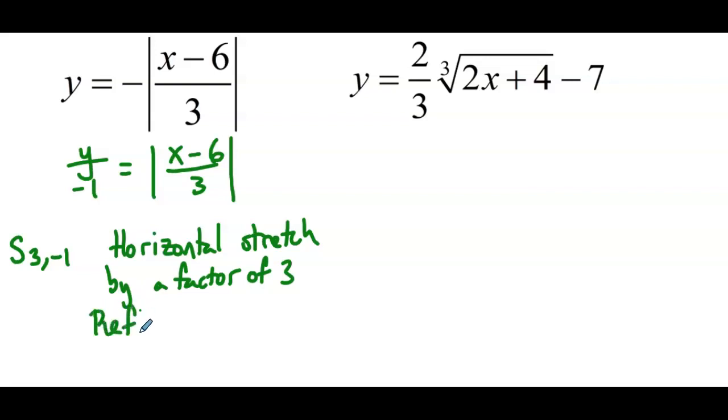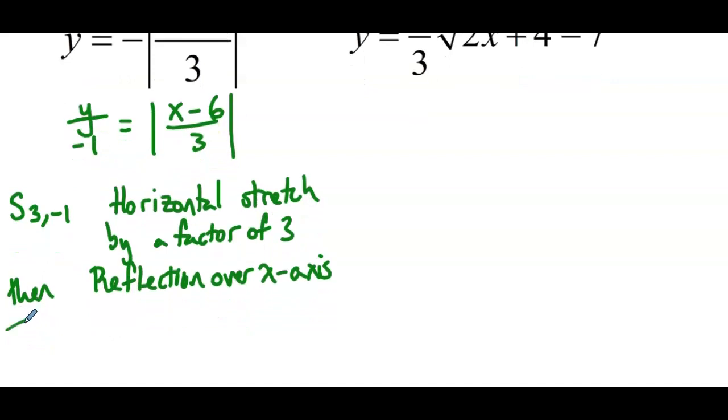So this is a reflection over the x-axis. And then we're following that up with the translation. So the translation here, we have x minus 6 in the function, so we're adding 6 to x and nothing to y. So we're following that up with a shift right 6.